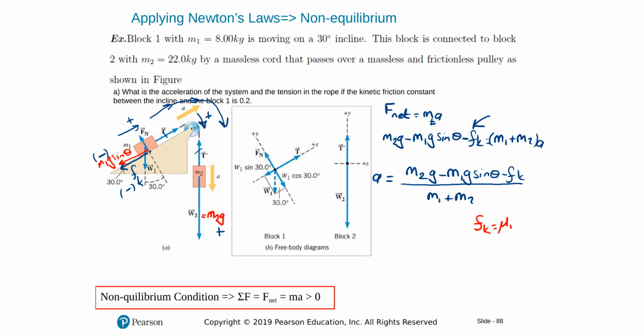It's equal to mu kinetic times N. Find that, insert it in here, and N, which is shown as Fn here, is always equal to M1G cosine theta. Insert those, solve for A. Our A from this one will get smaller, because we are deducting more force; friction is decreasing it further, so it will be slightly smaller: 5.48 meters per second squared.